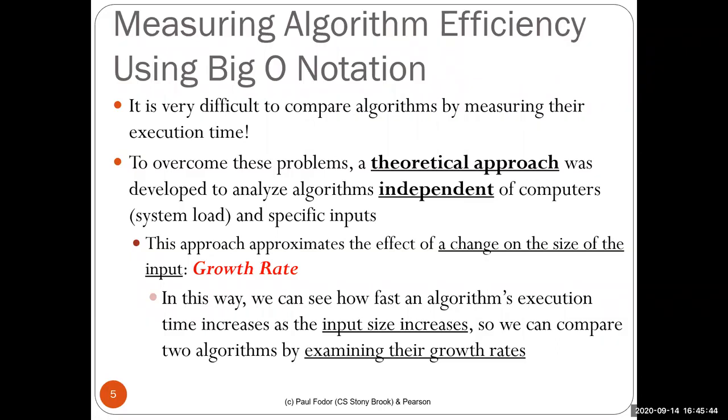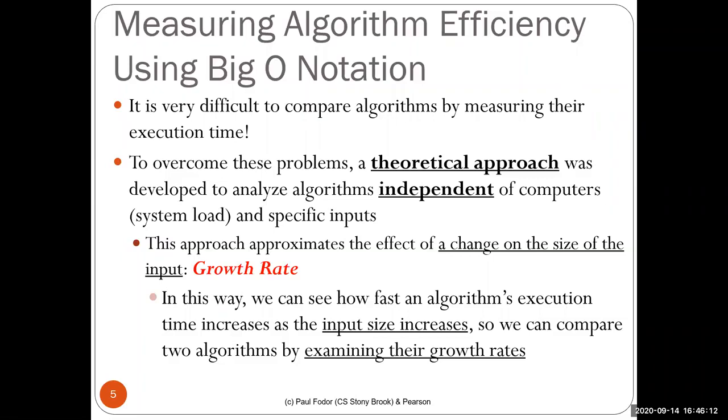Anyway, algorithm efficiency is usually measured with what is called the big O notation, which is also called the growth rate. The reason for that is that it's difficult to compare algorithms based on the execution time. Therefore, a theoretical approach was developed to analyze algorithms independent of the computer system load and specific inputs.